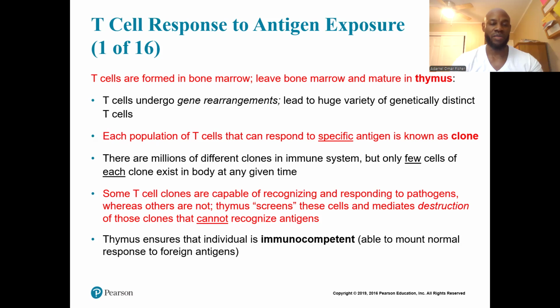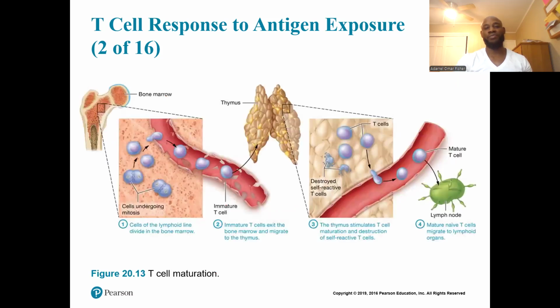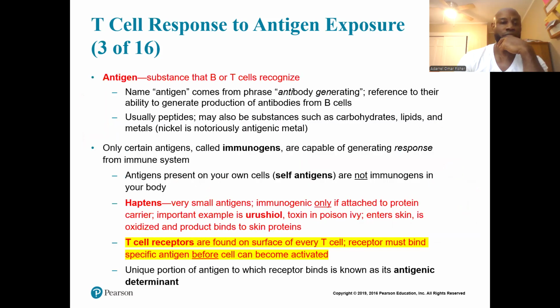The ones that are not are going to be destroyed so that your body is ready for a response to foreign antigens. So that shows you how we get T cells created in the bone marrow, mature in the thymus, and then they reside a lot of times in the lymph nodes.